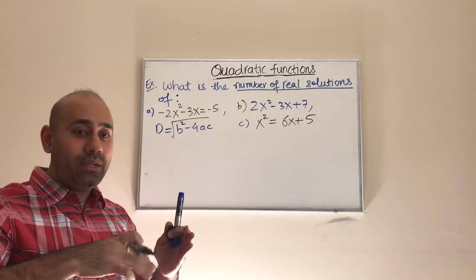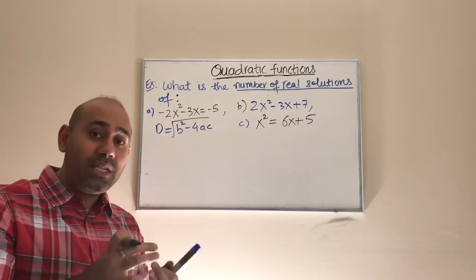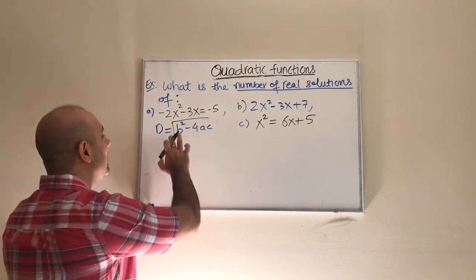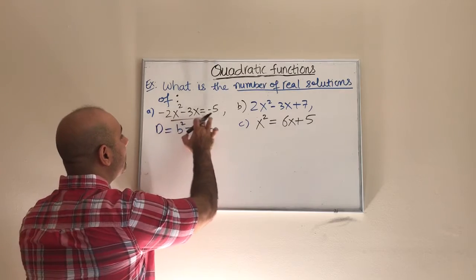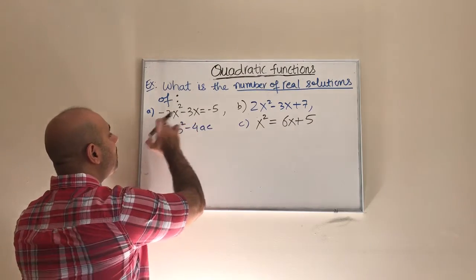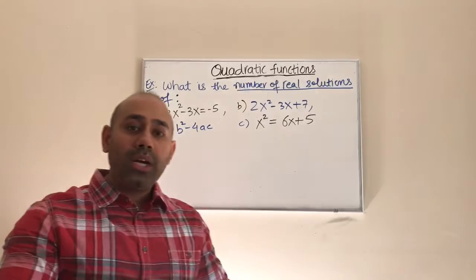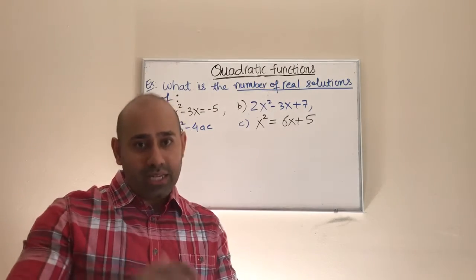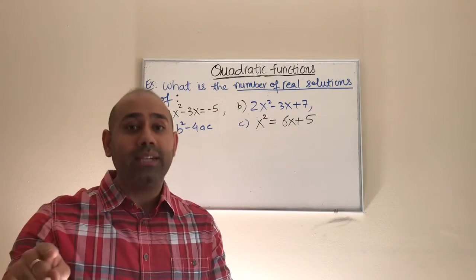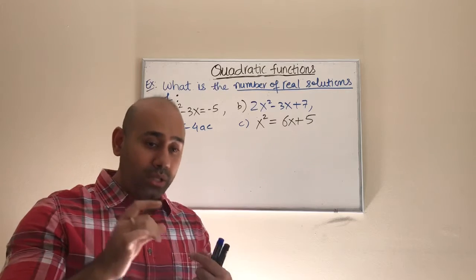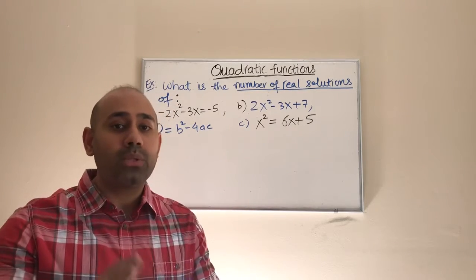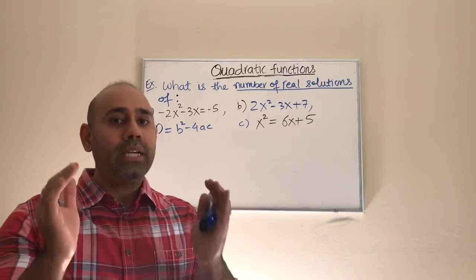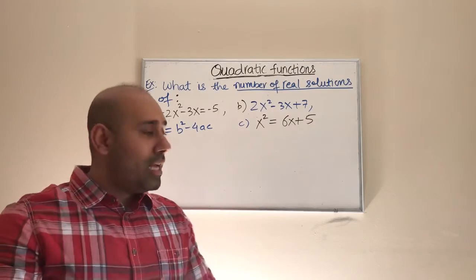It is the quantity inside the radical. So please do not put the radical with it when you are only finding the discriminant. Yes, when you are using the whole quadratic formula, then you have to take the radical of the discriminant. But the discriminant by itself is only b squared minus 4ac. It is simply the quantity inside the radical, okay?